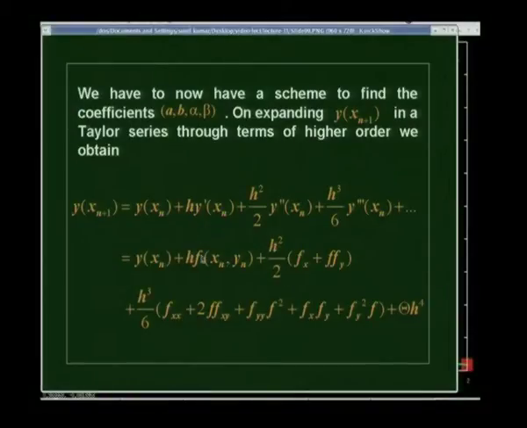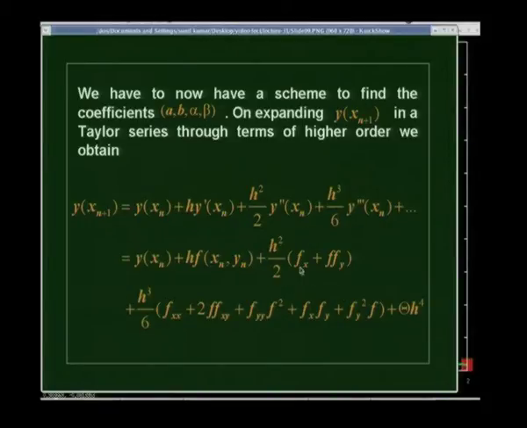So you can write this in a Taylor expansion, and I can have the order h squared term and order h cube term. The order h squared term is this one, that is y plus hf plus h squared by 2, and then I can again find the derivative of this with respect to x.